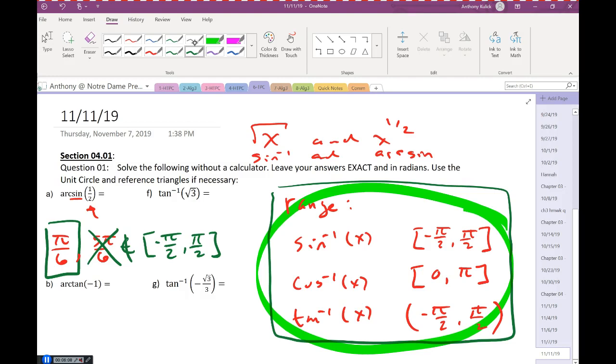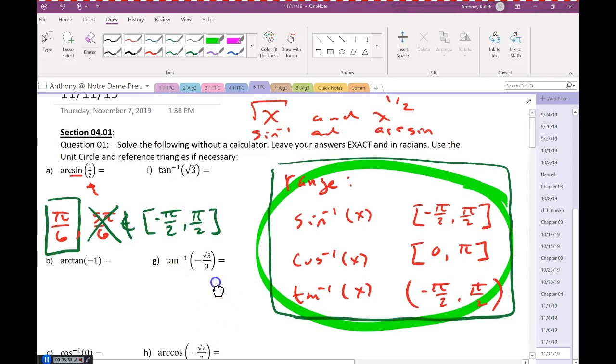That's always the range for that function. Yeah, that's why we wrote them down on the side, because I was going to use that information to do all the problems. Is that okay, Matt? Okay.